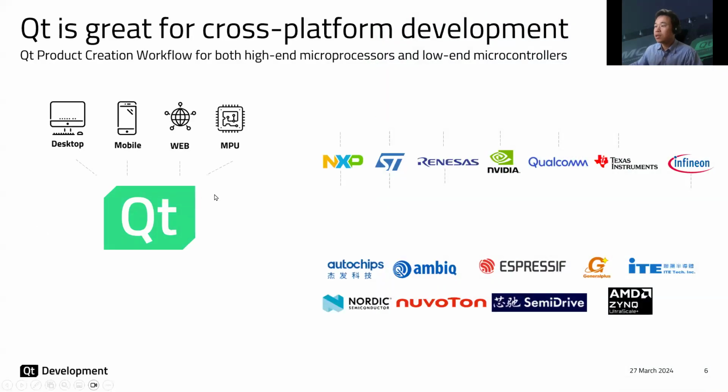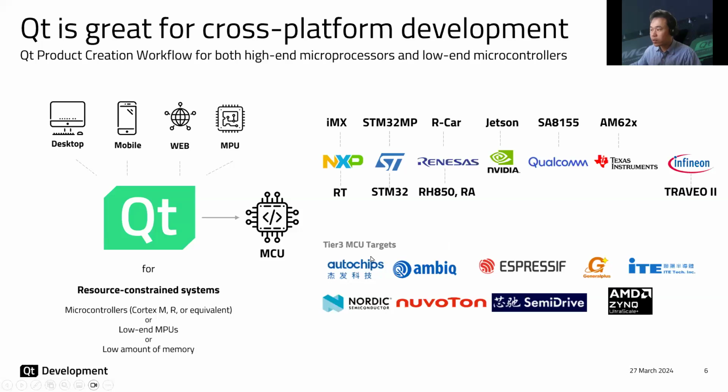So next slide. Qt is very great for cross-platform development. You can use the Qt framework to develop software on desktop, mobile, web applications, or MPU and MCU devices. And you can find in our documentation page the list of all those officially supported hardware platforms from different vendors, and also an even longer list of the so-called tier 3 MCU targets.